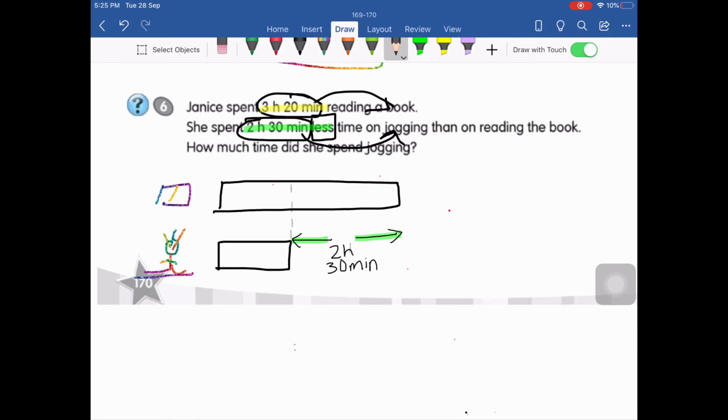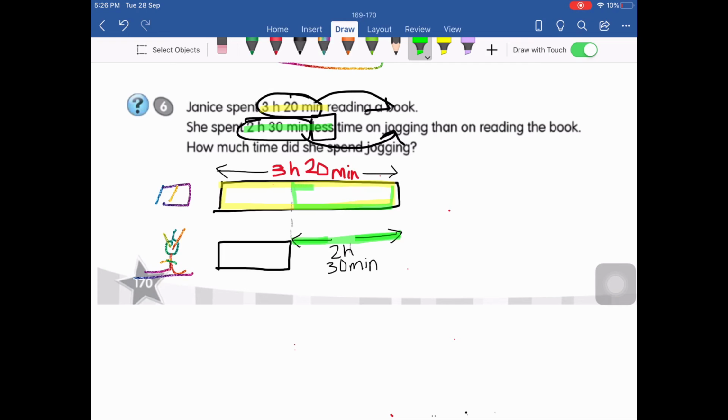Now, the duration she spent on reading a book is 3 hours and 20 minutes. Now, we can see that the 2 hours and 30 minutes represents this part here.